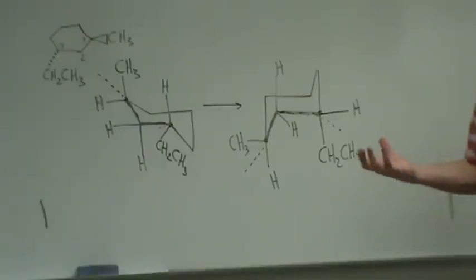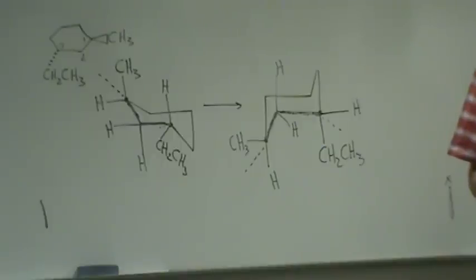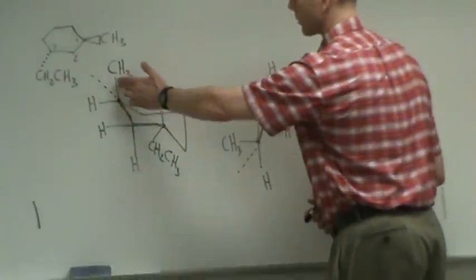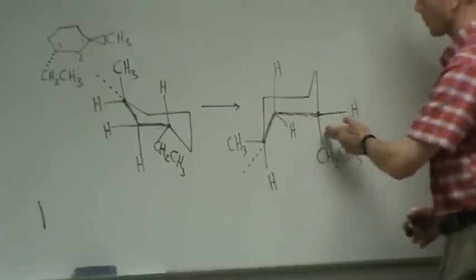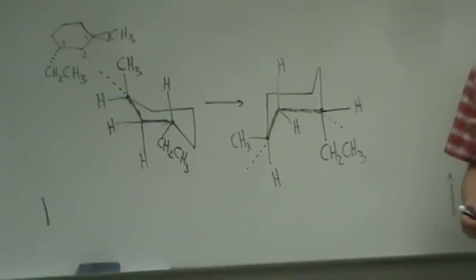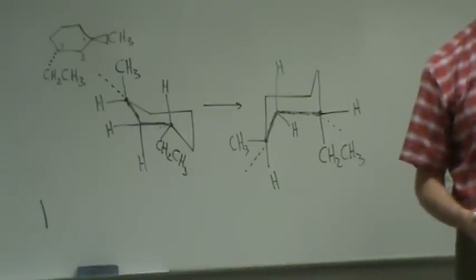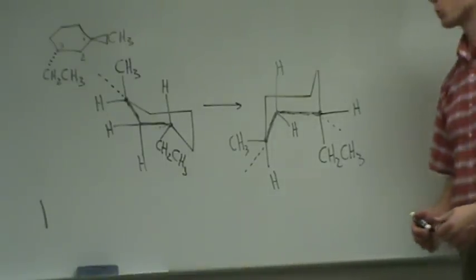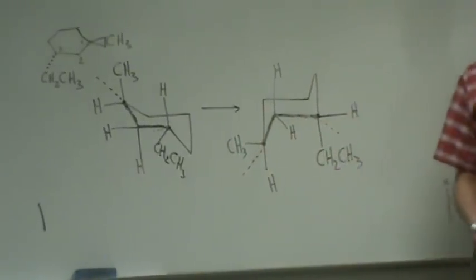All right, so now, after we do that, that's the hard part, getting the two cyclohexane chairs right. Now we ask, which one is more stable? Well, here, we got axial and equatorial. Here we got equatorial and axial. I don't have a case where I have them both equatorial. So what I do now is I choose which one is the bigger group, methyl or ethyl.